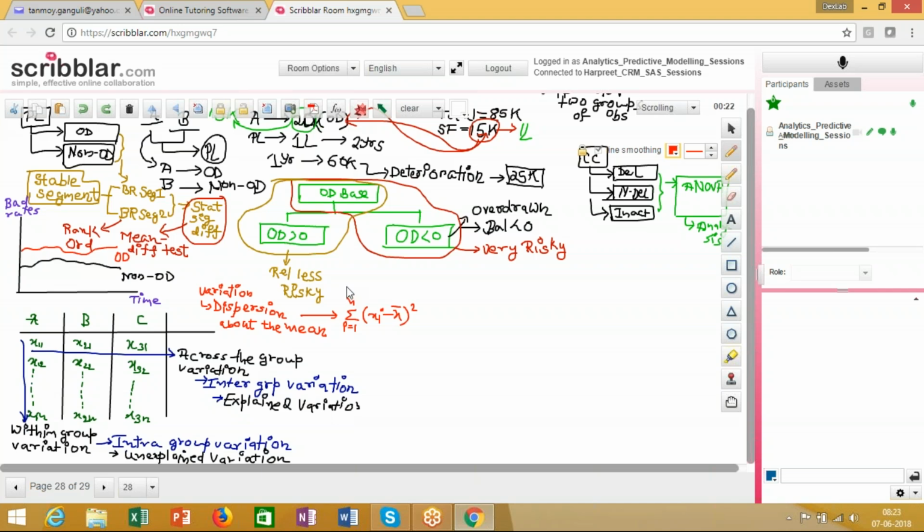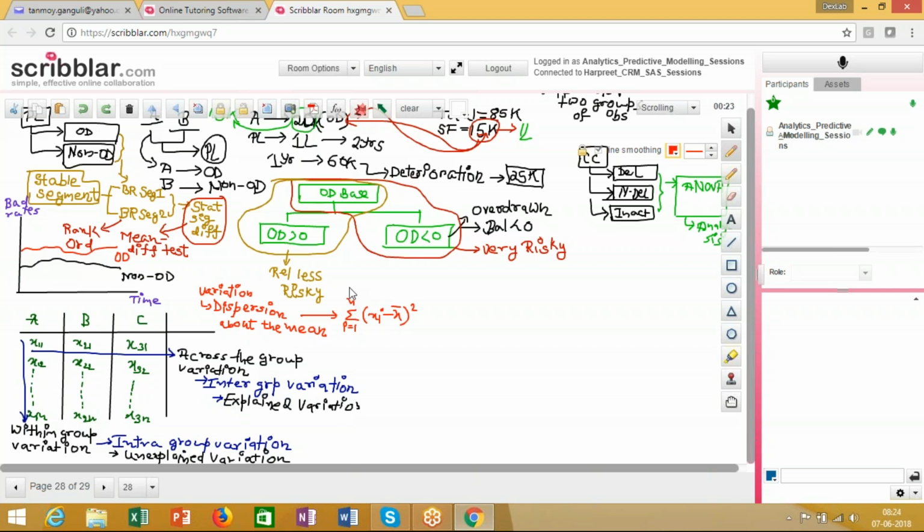If they do have dispersion, that is not explained. It is due to some unexplained or random factors. So the intra-group variation is known as the unexplained variation, because the variations within a group cannot be explained.